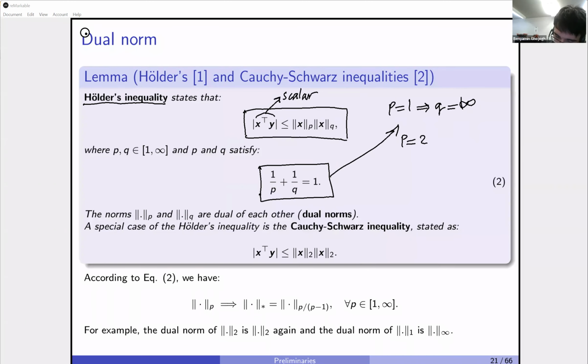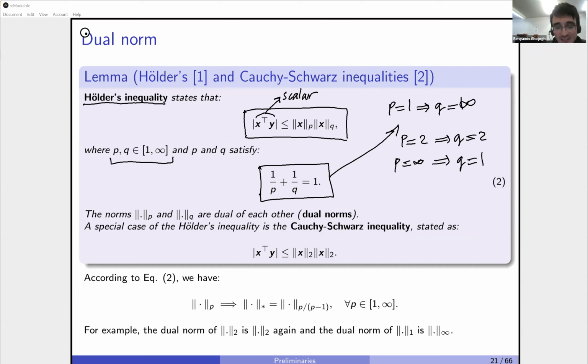If you set P to 2, Q will be 2, because 1 over 2 plus 1 over 2 is 1, right? If you set P to infinite, Q will be 1, because 1 over infinite is 0, plus 1 over 1 is 1, right? And P, Q is greater than or equal to 1. This is the Holder's inequality.